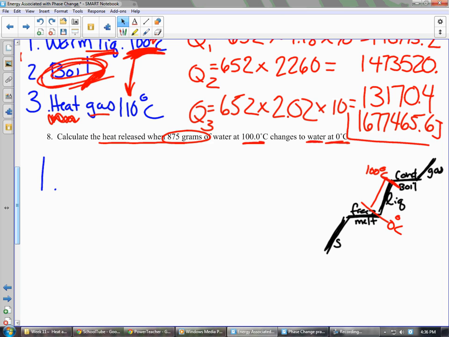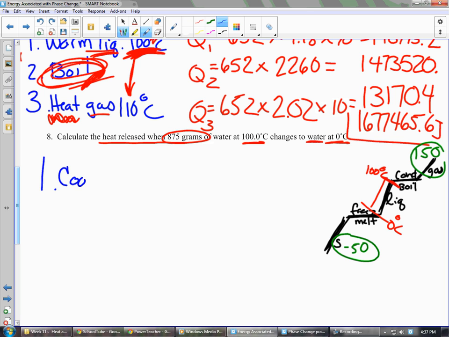Some of the harder things here is if it says, hey, I want water at -50, you need to know that -50 is a solid. If it says, hey, I want water at 150, you need to know that that is a gas. All right, so all we're doing here is we're cooling our liquid to 0 degrees Celsius.